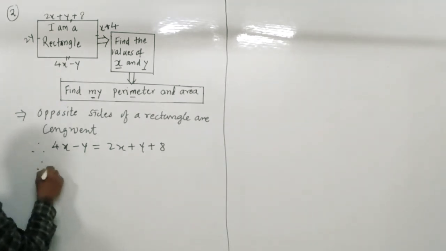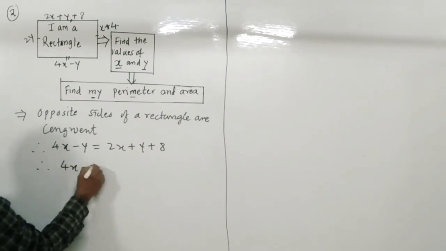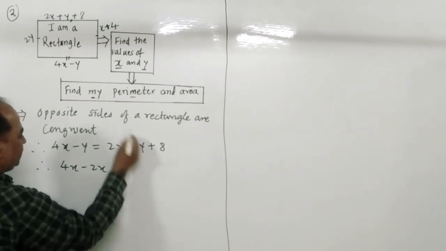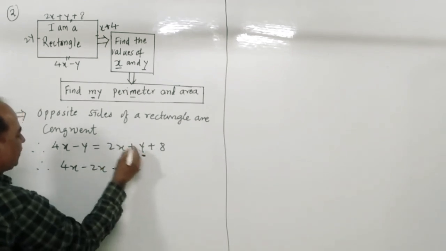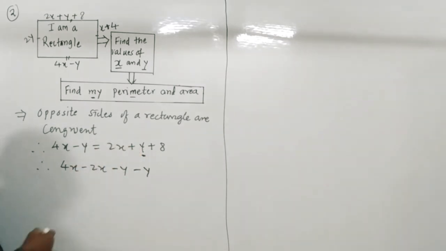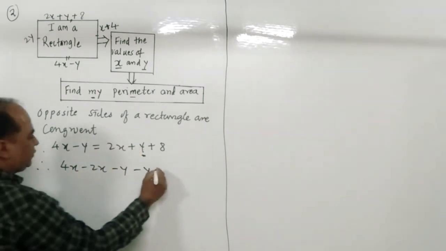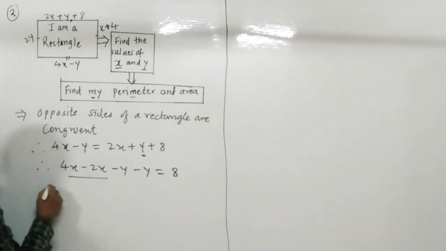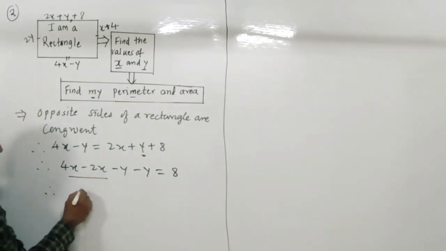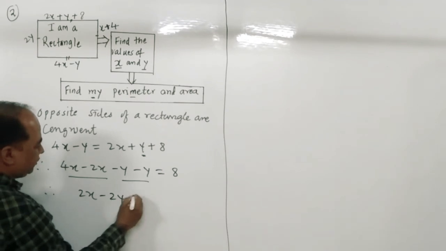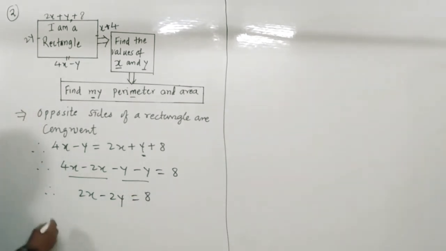So here we'll get the first equation. Taking x together, 4x minus 2x is 2x, and the plus y will come to the left hand side of the equal sign and become minus y, so minus 2y, which is equal to 8.